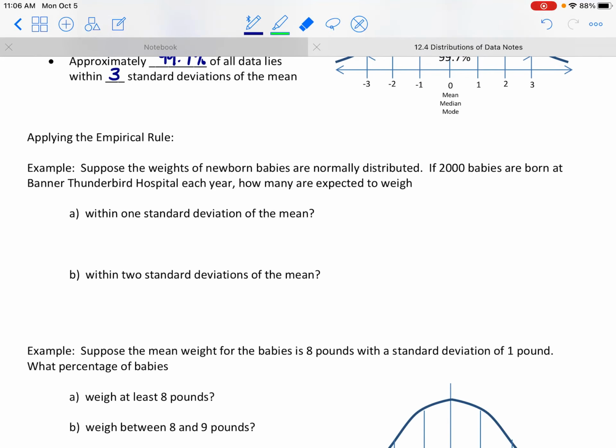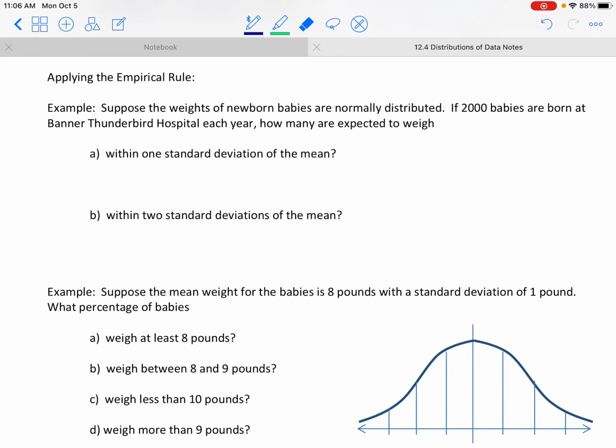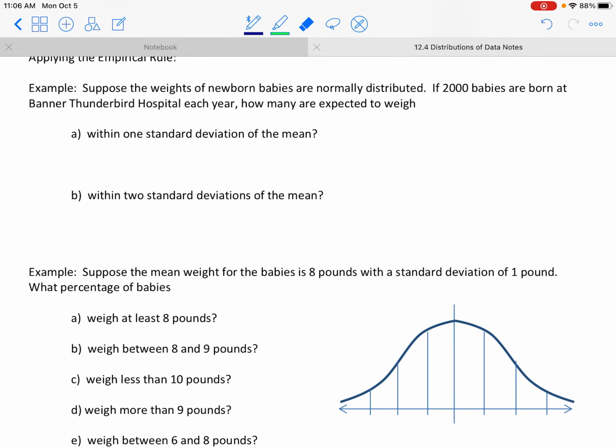So let's try to look at a couple situations where we apply this empirical rule. Let's suppose that the weights of newborn babies are normally distributed, and 2,000 babies are born at Banner Thunderbird each year. Okay, so if they're normally distributed, that means you have this sort of bell curve happening here.